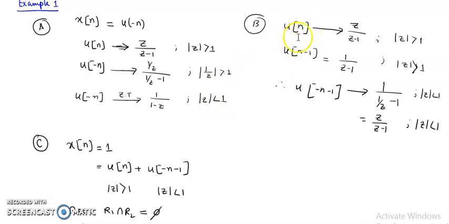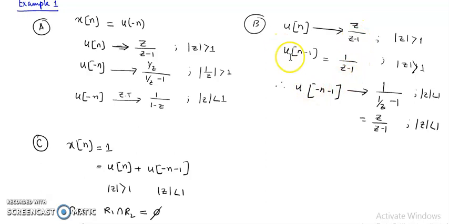Similarly, if we take u[n] equal to z by z minus 1, and then shift the signal in the time domain to n minus 1, we have to multiply by z to the power minus 1. Multiplying by z to the power minus 1, we get 1 by z minus 1.